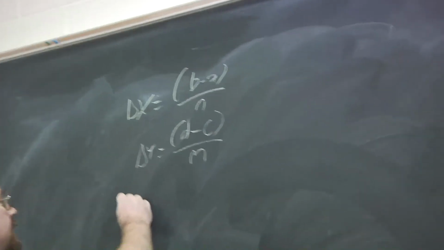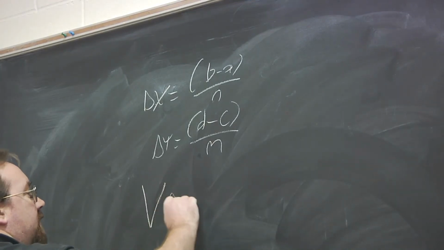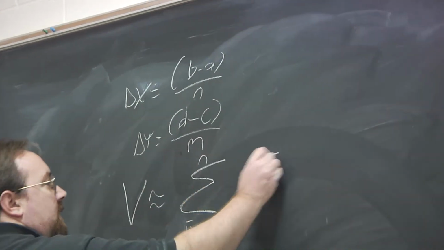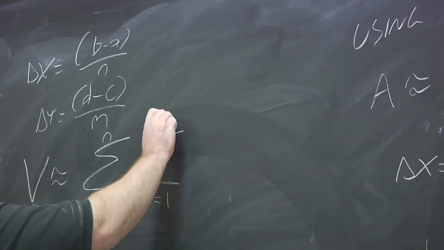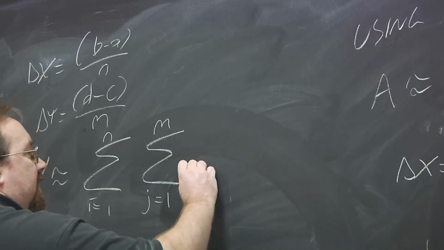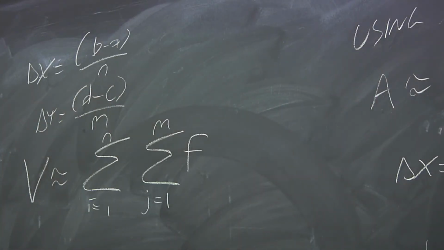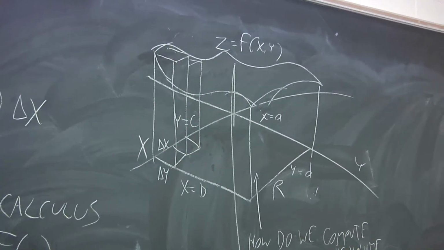So then the volume is approximately the sum from 1 to n, sum from 1 to m, because we have m times n little rectangles to account for here.